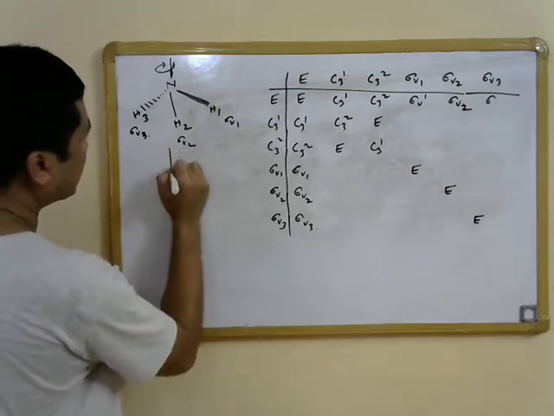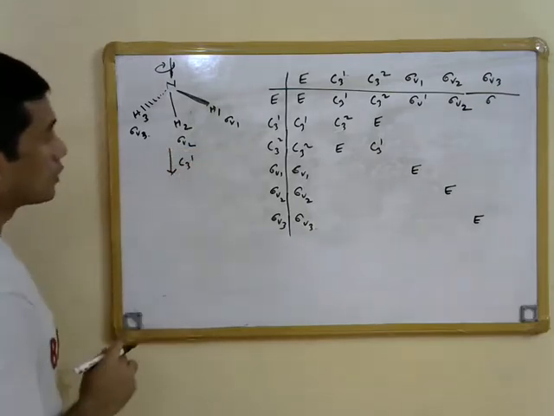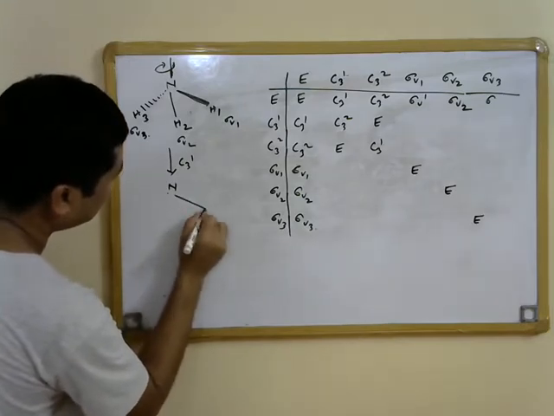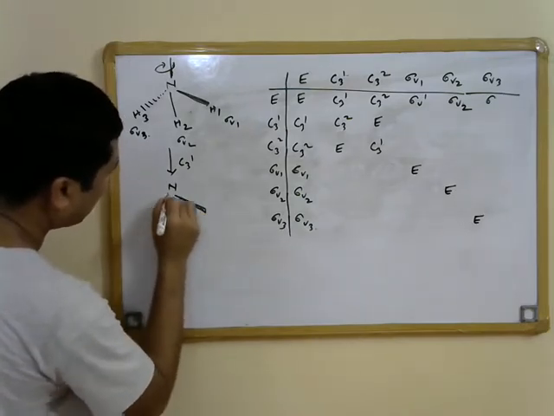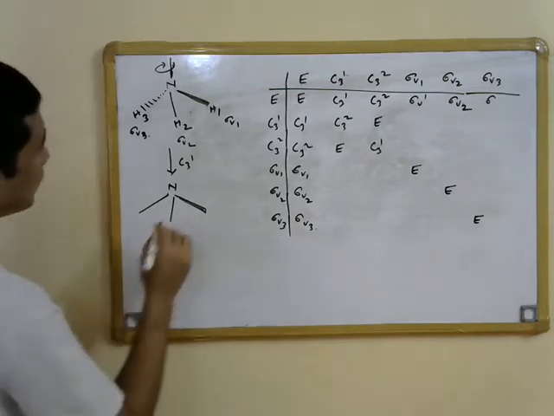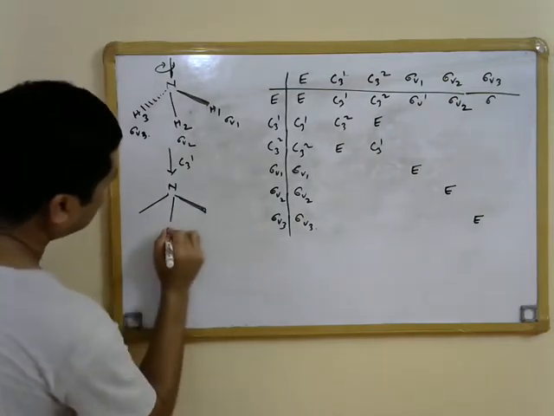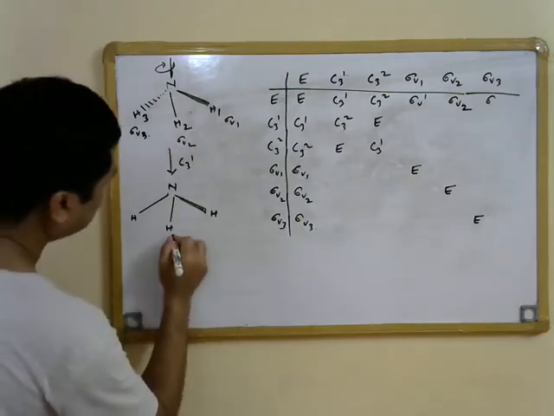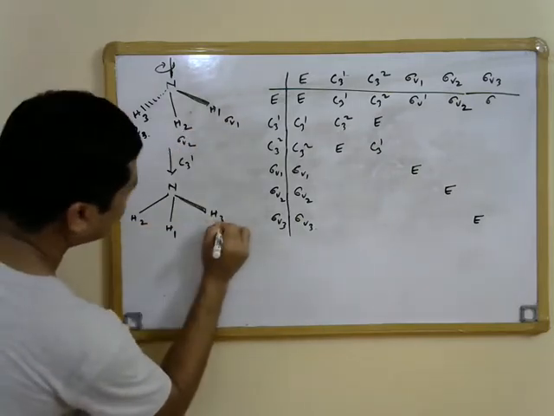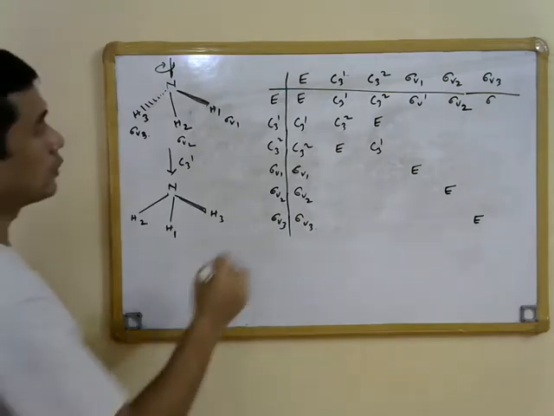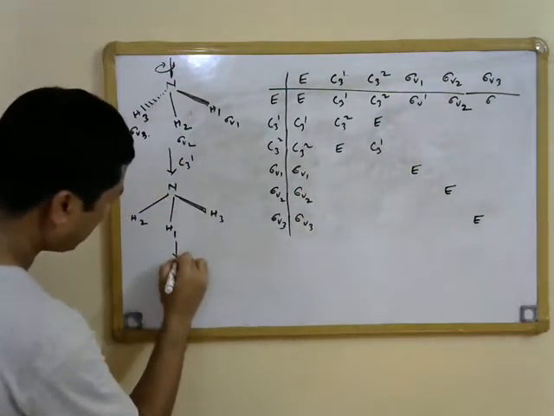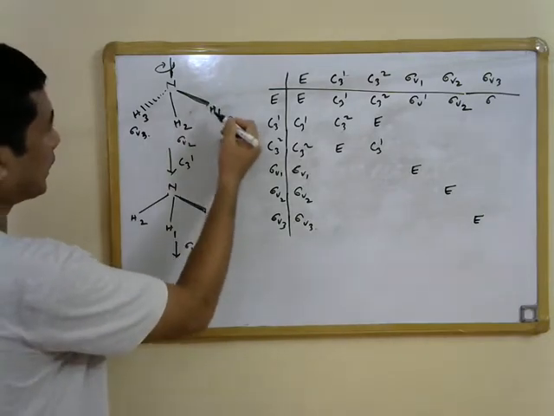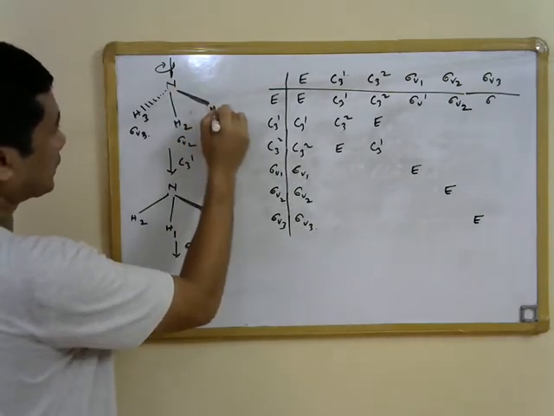So first, let us do C31. So when we do C31, let's draw a simplified picture here. So C31, H1 will move over here. So this is H1, this is H2, and this is H3. Then if we do sigma V1, that is the plane is over here, passing through this hydrogen and this hydrogen atom.